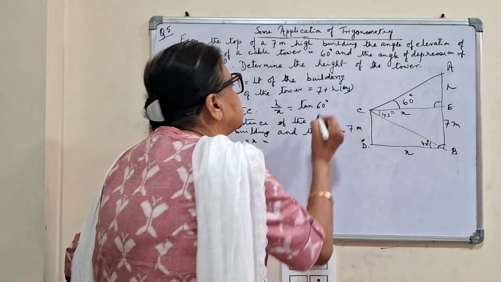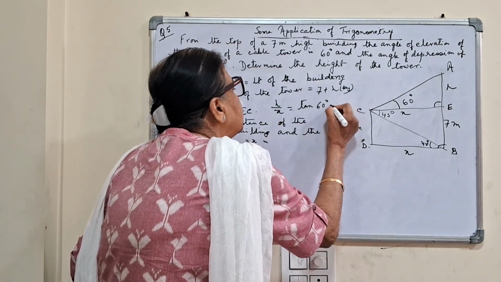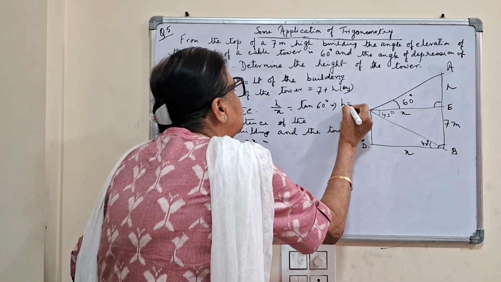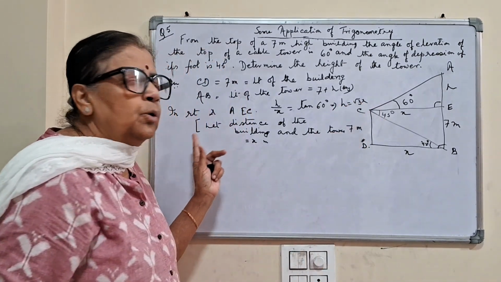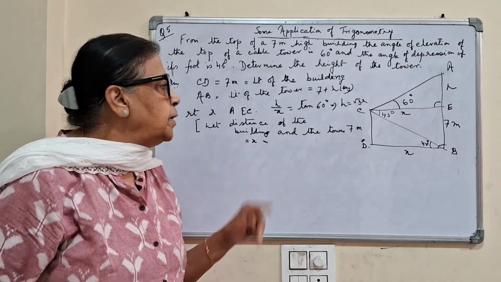Tan 60 is root 3, which implies h is equal to root 3 x.